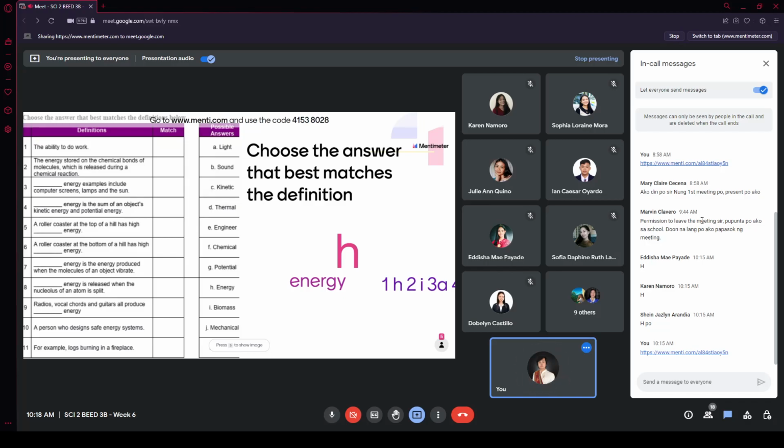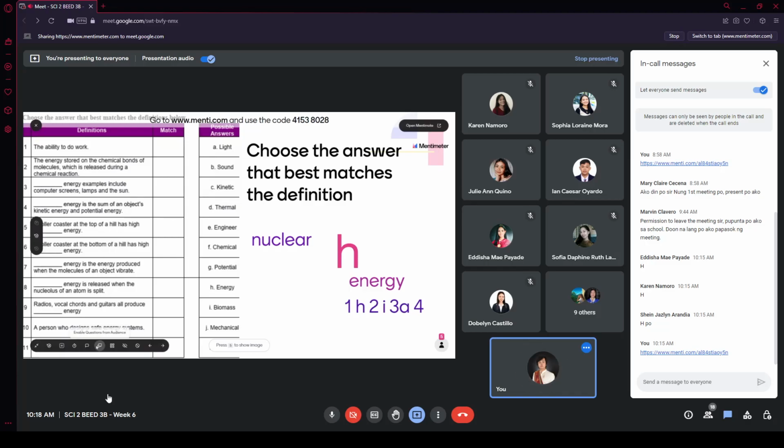Energy. So for number 2, energy is stored on the chemical bonds of molecules which is released during a chemical reaction. So what's that? Of course that's F, or nuclear. Okay.